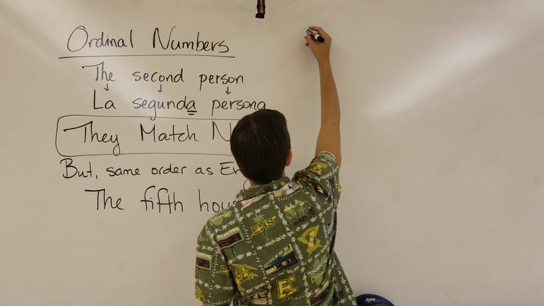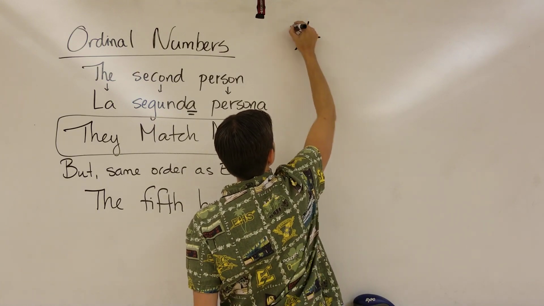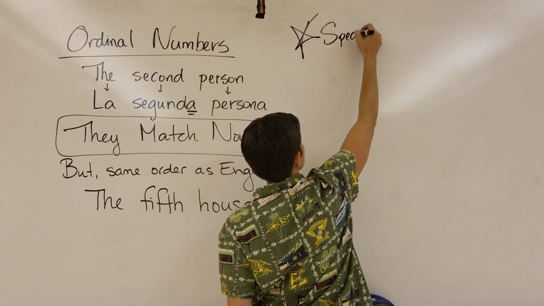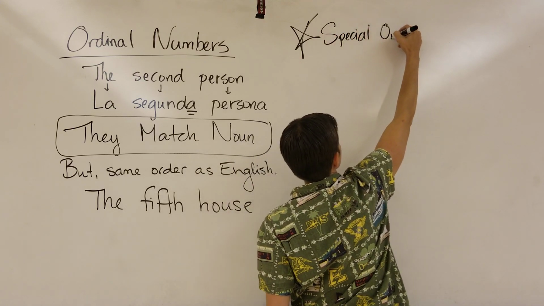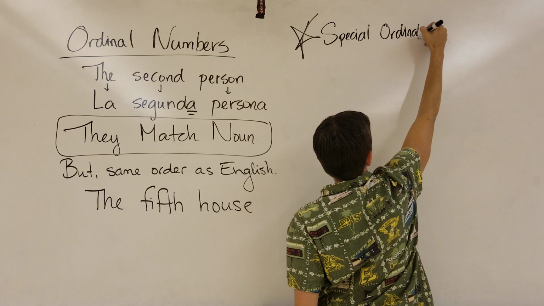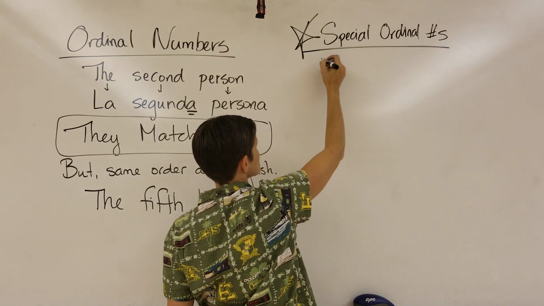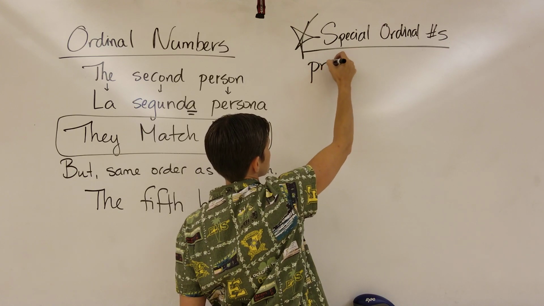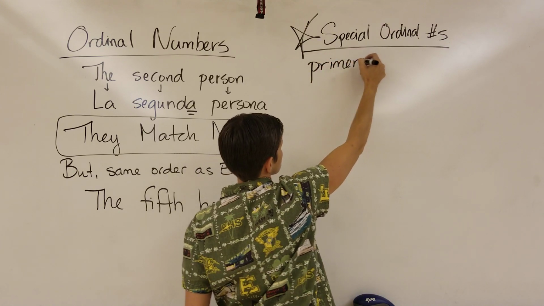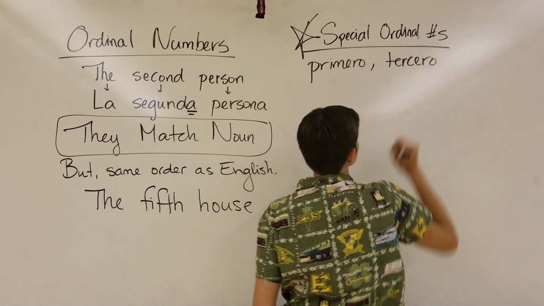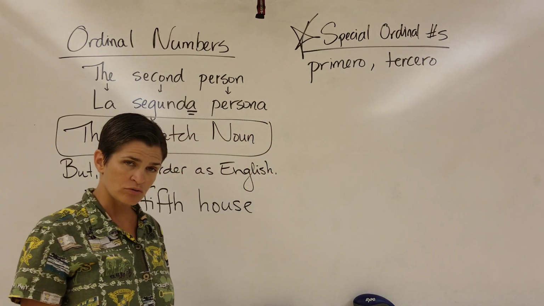Now there are a couple of special ones. Let's put a little star. Special ordinal numbers. Okay, first and third, primero and tercero, are going to be special.